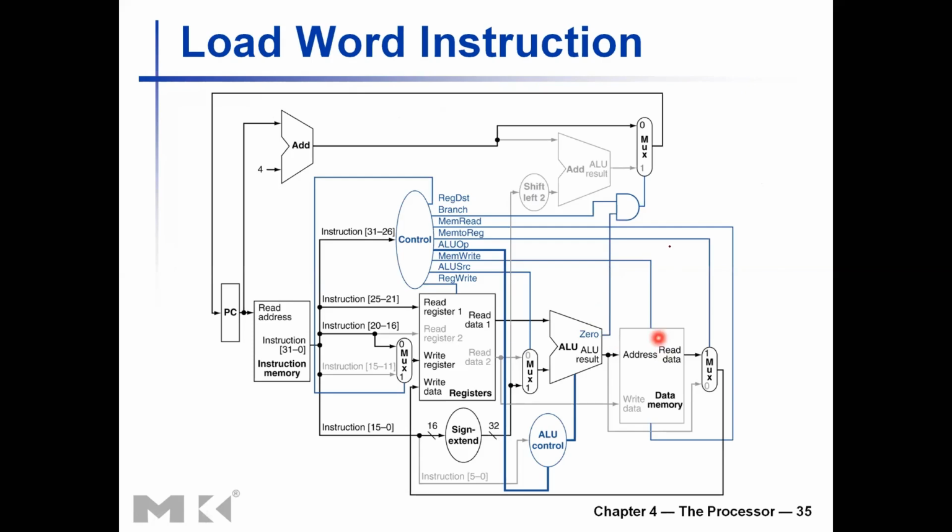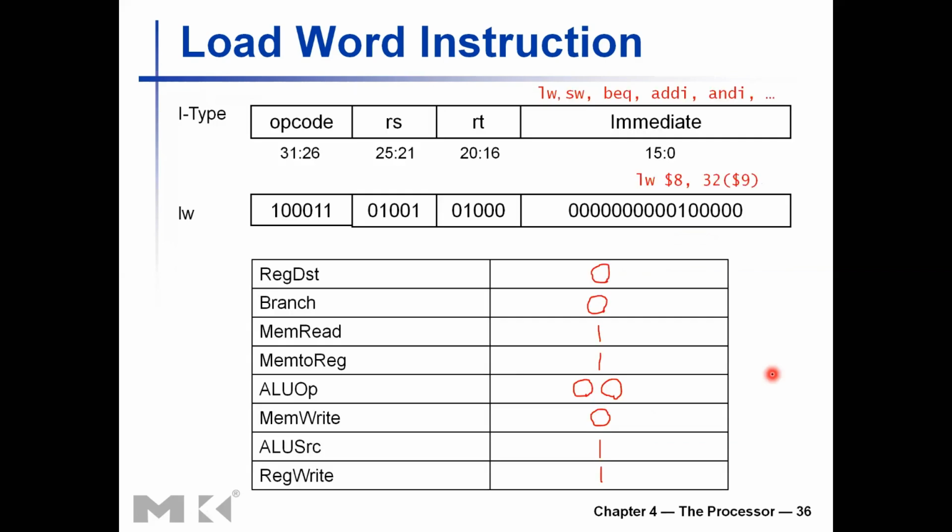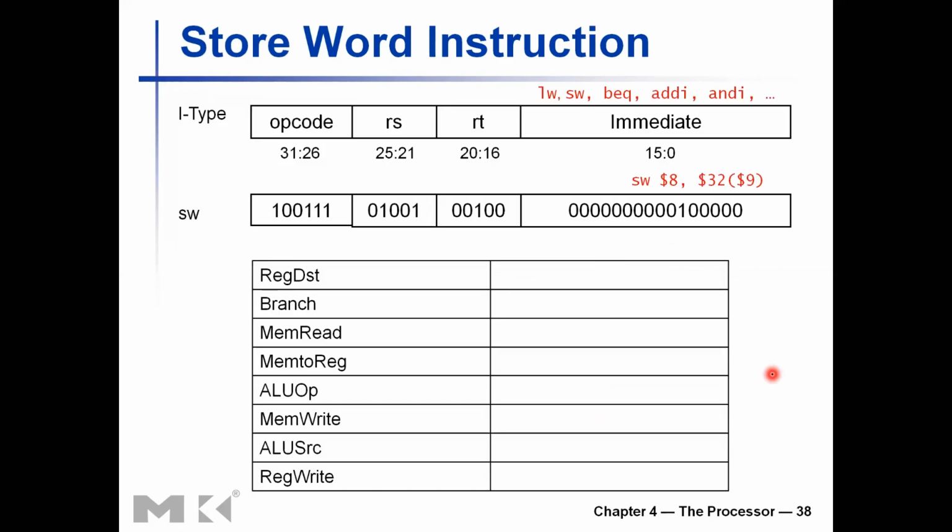Memory read this, that is memory write. This is mem to reg. What are those values? Who can tell me? Memory read is 0.